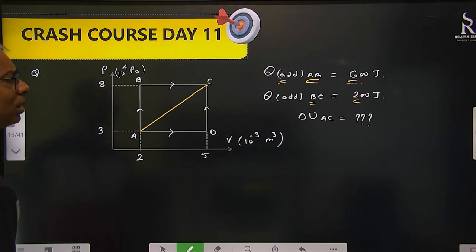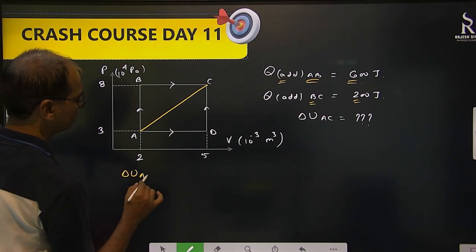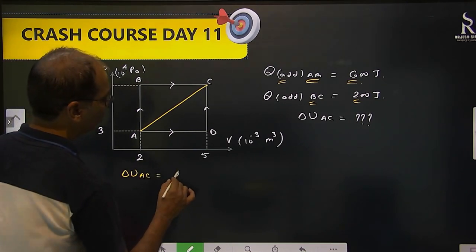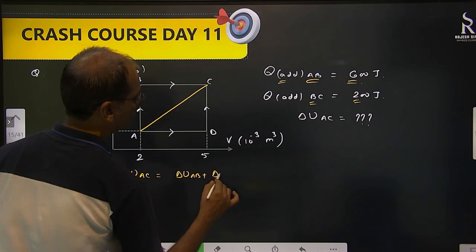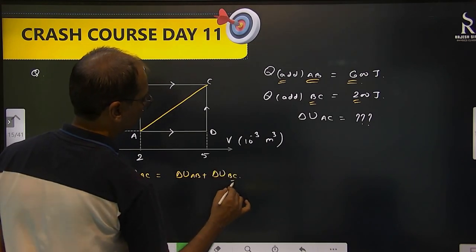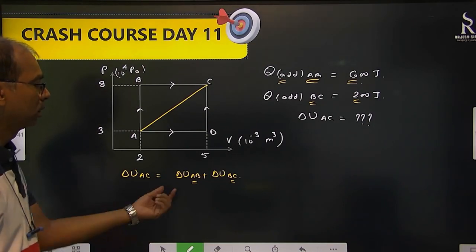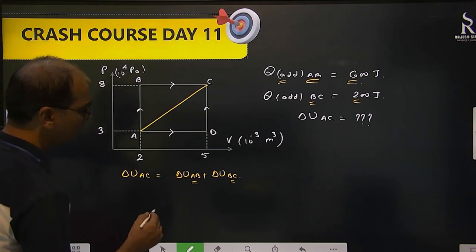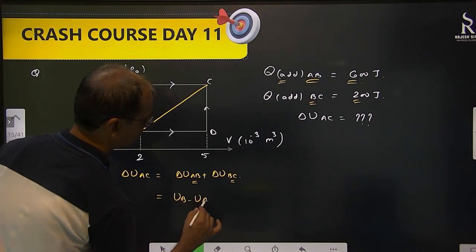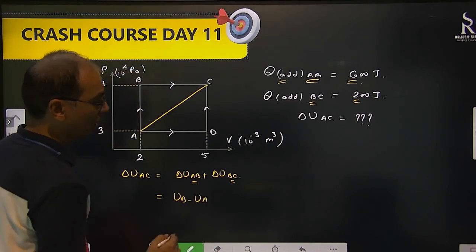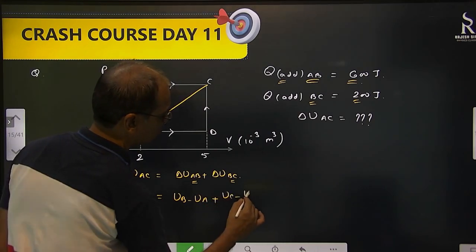So can we do something like this: delta UAC will be delta UAB plus delta UBC. Because delta UAB means UB minus UA, and delta UBC means UC minus UB.